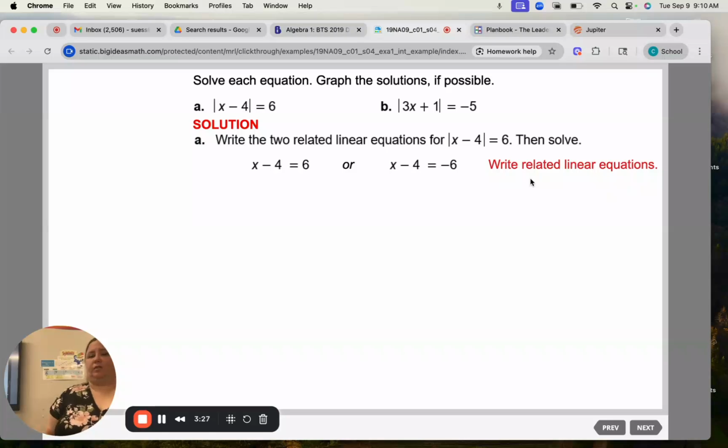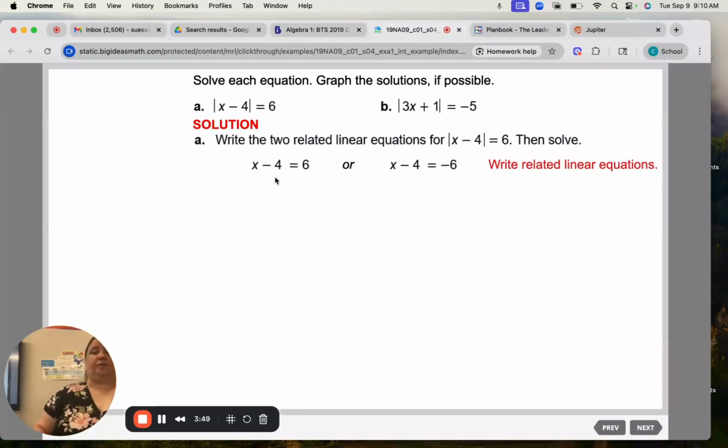So you have to solve it as if your answer is positive 6, and then you also have to write it as if your answer is negative 6, since it has absolute value. So now you have 2 equations that we have to solve. So we're going to move what? To get x by itself.